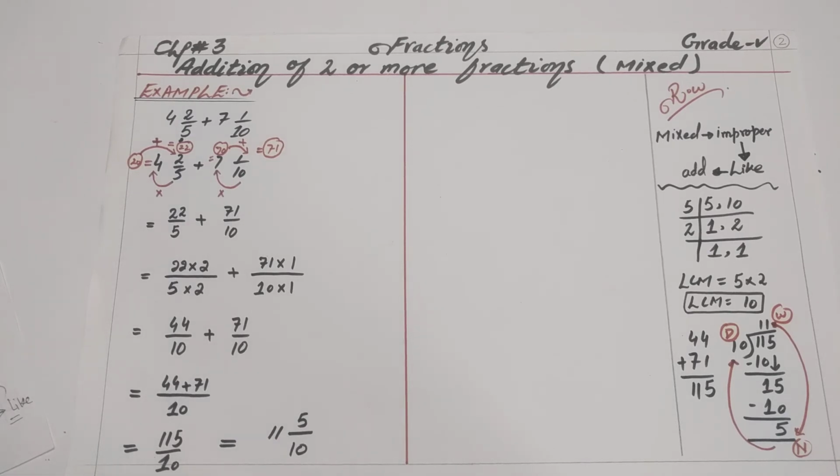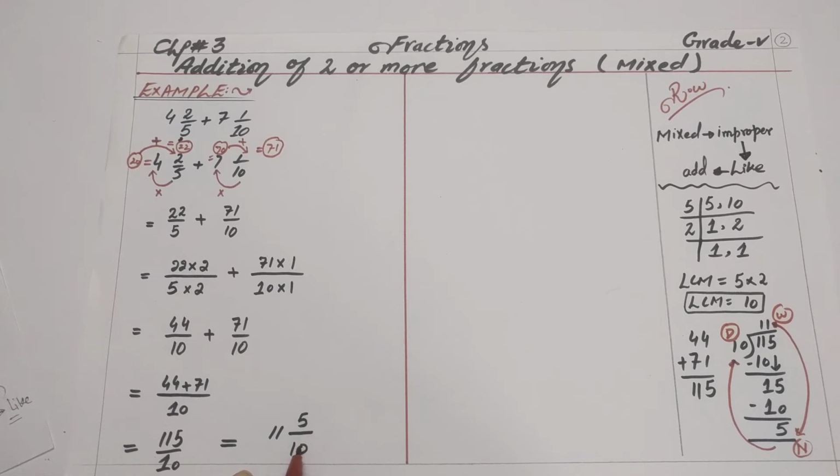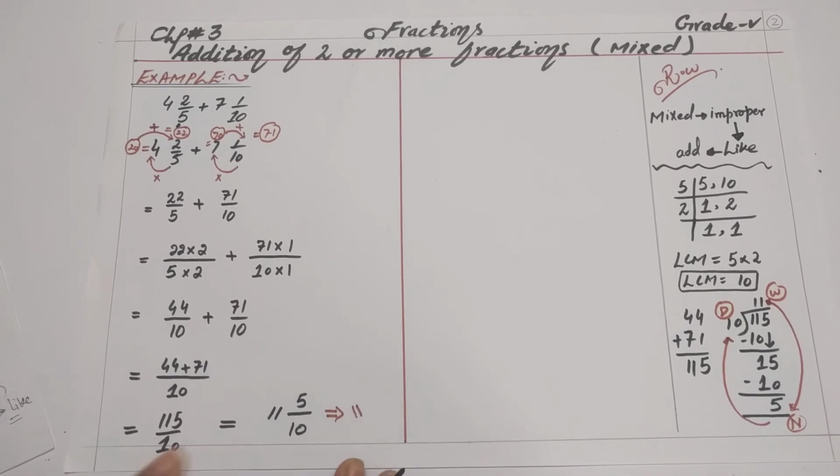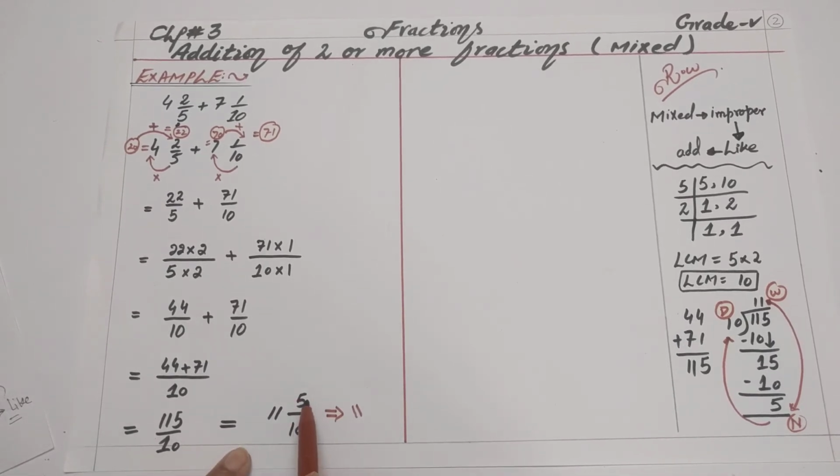But as I told you, in a mixed fraction, if your fractional part is not in the lowest form, you have to reduce it into the lowest form. 5 by 10 is not in the lowest form, so you have to convert it. 11 is the whole, but 5 by 10 is not in the lowest form, because 5 ones are 5 and 5 twos are 10. 5 is a common factor of 10 other than 1.